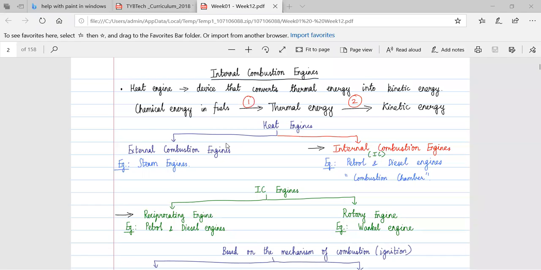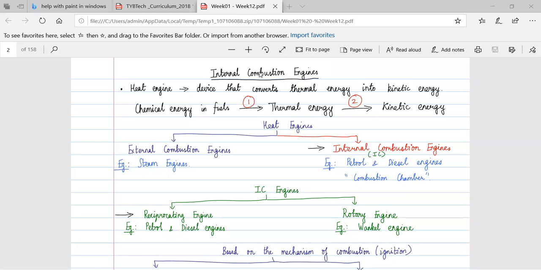Now let's start with what IC engines are. The full form is internal combustion engine, right? Internal combustion means petrol, gas or diesel are combined with air, and the combustion happens inside a chamber where heat is produced.